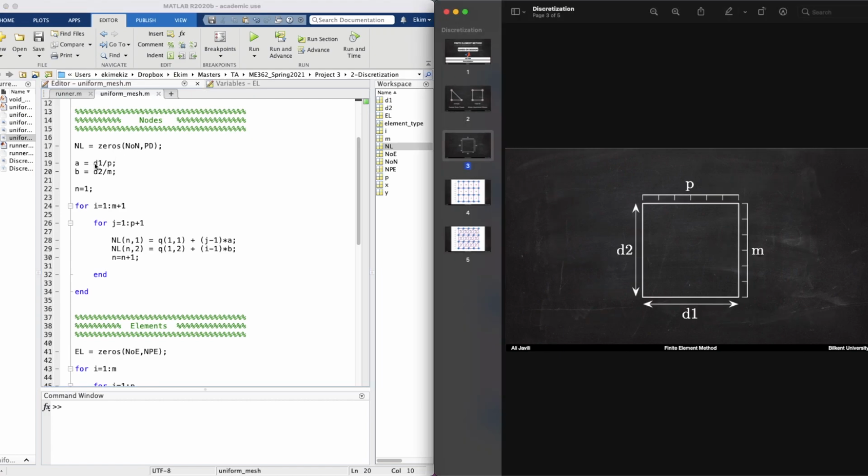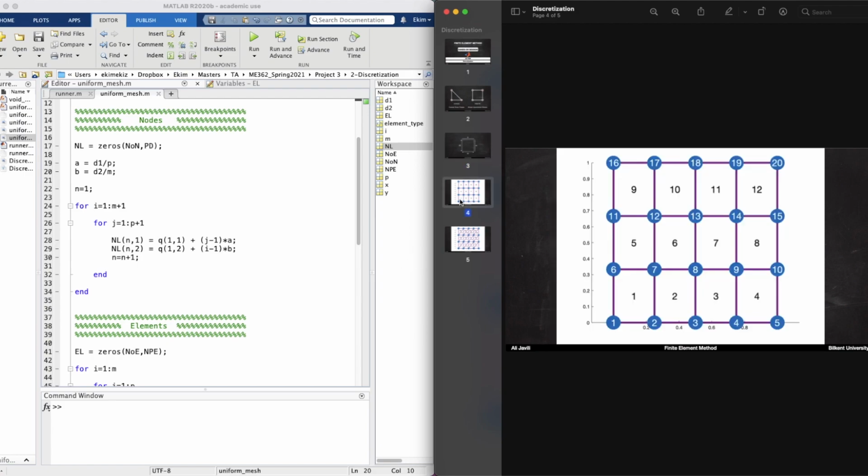A is D1 over p, so it's the length or the width of these increments along X. And similarly, B is D2 over m, so it's the length of these increments along Y. And we need that because of the method we use to generate our nodes.